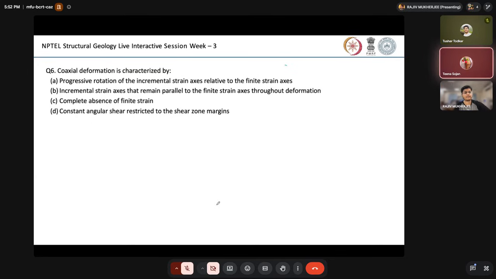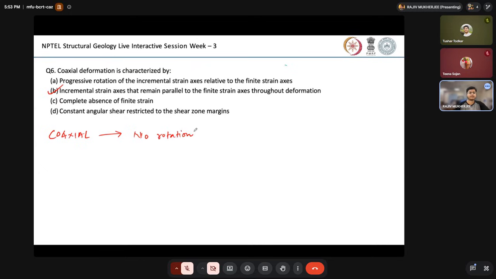Option B. Exactly. Option B is the correct answer. So, coaxial deformation means no rotation of lines that are parallel to the finite strain axis.